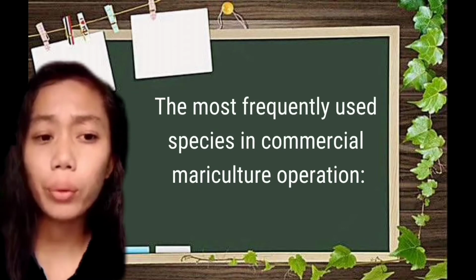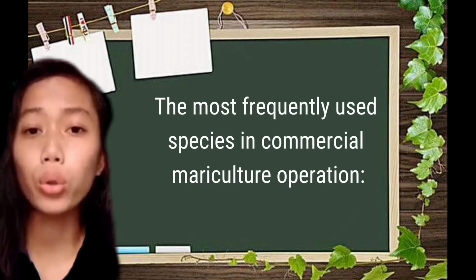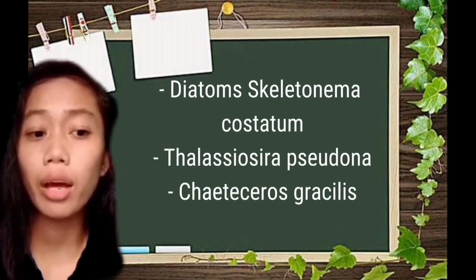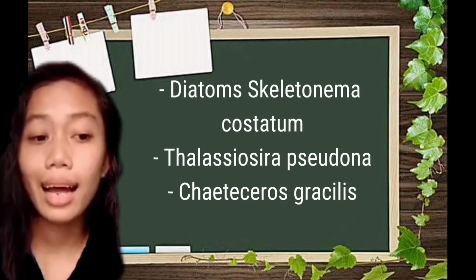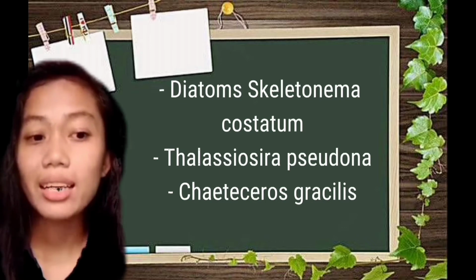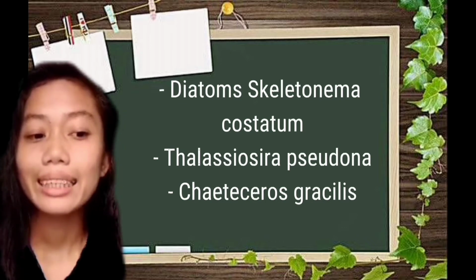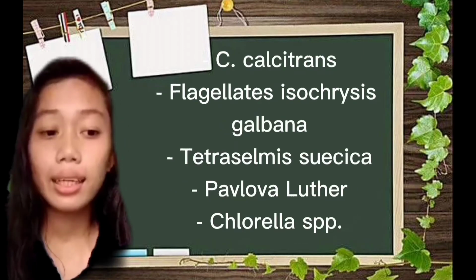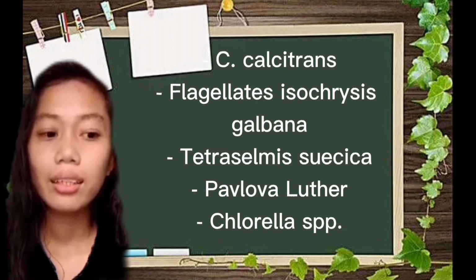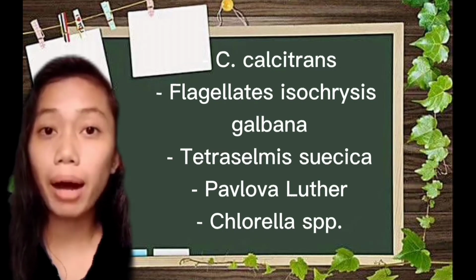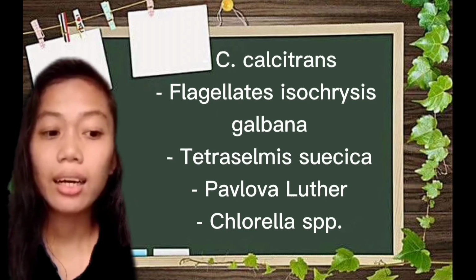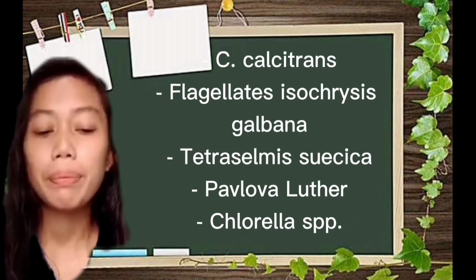The most frequently used species in commercial mariculture operations are the diatoms Skeletonema costatum, Thalassiosira pseudonana, and Chaetoceros gracilis, Chaetoceros calcitrans, and the flagellates Isochrysis galbana, Tetraselmis suecica, Pavlova lutheri, and Chlorella spp.